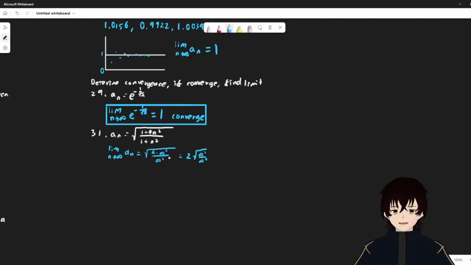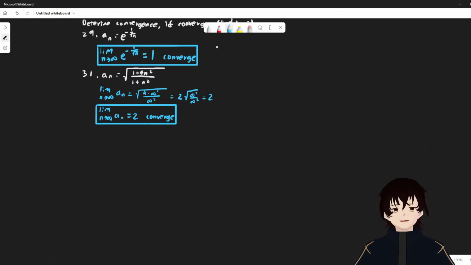These two infinities have the same sides. And I'm just going to say it's 2 and converges. Let me put it down below. I'm guessing you're supposed to actually solve this by using L'Hopital, which would take a very long time.